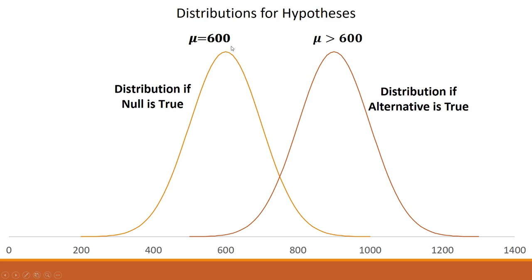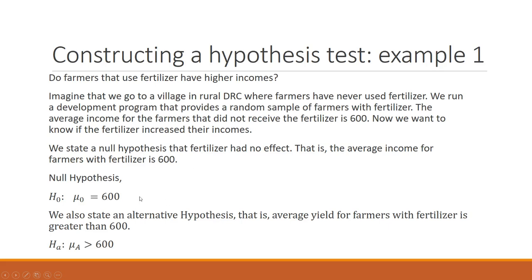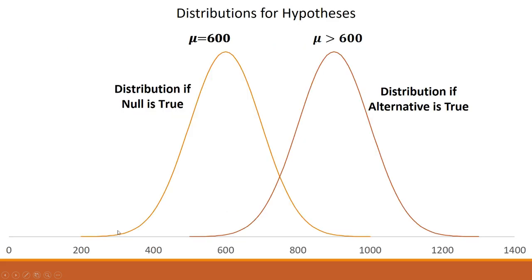So if we assume that the mean is 600, then we can create a z-statistic. We couldn't before because we didn't know what the population mean was, the mean of the sampling distribution of the sample mean. But what we're going to do in a hypothesis test is assume one, based on our null hypothesis. This is the sampling distribution of the mean if fertilizer has no effect.